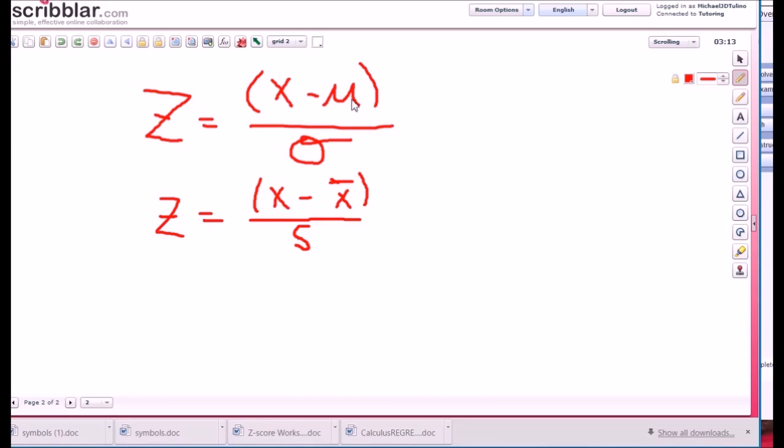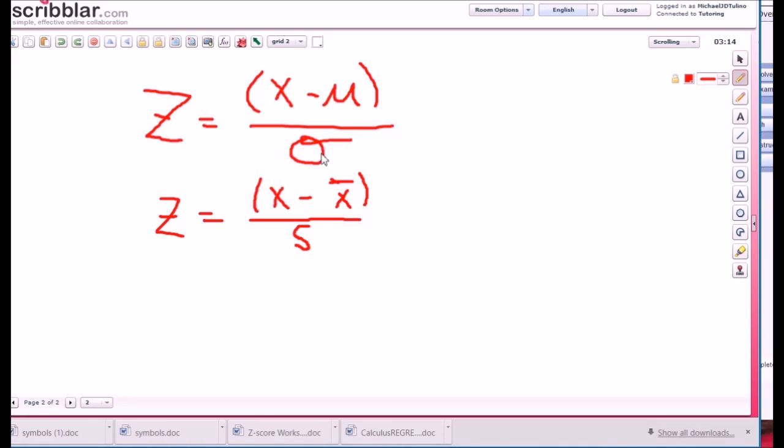The u represents the population mean, the x-bar represents the sample mean. Say you have some data, it's most likely a sample, it's very rarely a population. That's why, when you hear about sample sizes, the larger the sample size, the more representative it is of the population. But we'll get into that later.